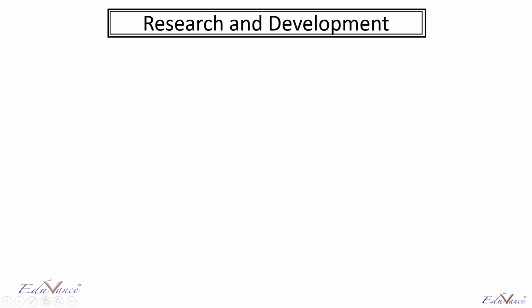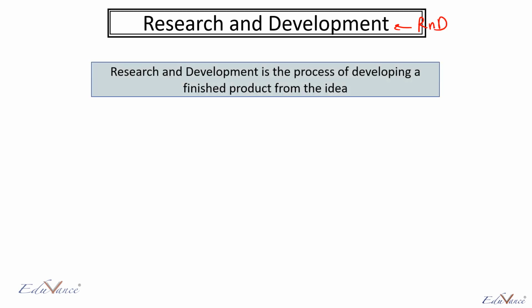Now I will explain to you as a product company how research and development takes place, and you can think that for a service the R&D or research and development will also be something similar.